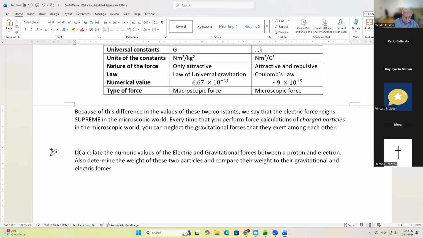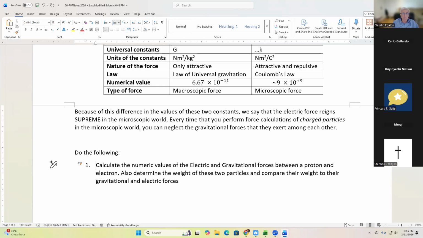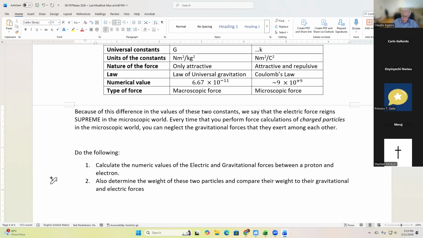It's two different proposals here. One, calculate the numeric value of the electric and gravitational forces between a proton and electron. And two, determine the weight of these two particles, which is the gravitational force due to the Earth, right?